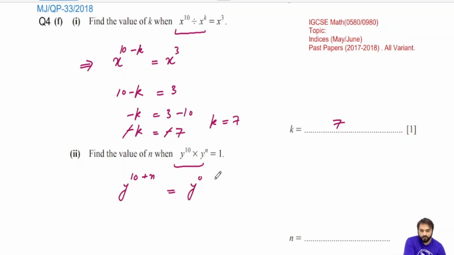And we already know if we have y raised to power 0, we can convert it into 1, or the value of this is 1. Now equating the powers, 10 plus n equal to 0. N is equal to 0 minus 10 is equal to minus 10. The answer is minus 10.